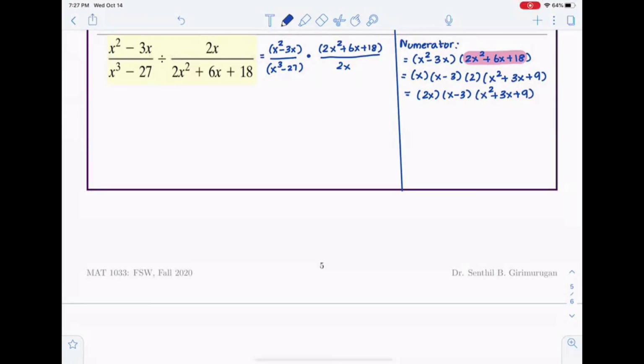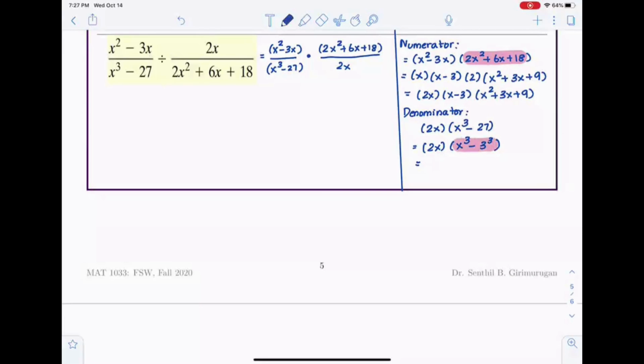And the denominator is 2x times x cubed minus 27, which should be 2x. 27, I could write it as 3 cubed. And x cubed minus 3 cubed is a special product.